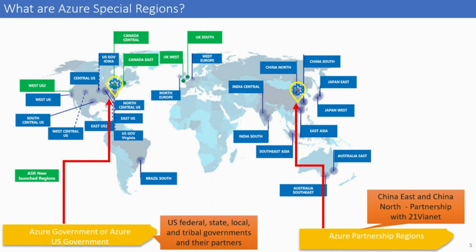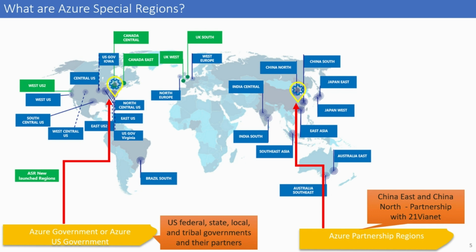Now, let's see what Azure special regions are. If you look here, there are Azure government or Azure US government regions, which are exclusively for US government operations, and the data centers are in the US and are directly operated by Microsoft.